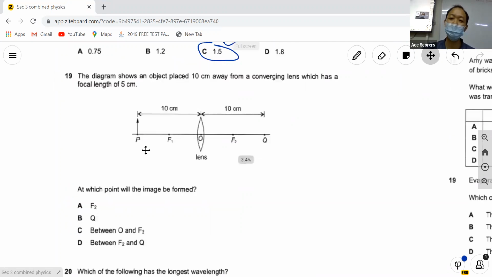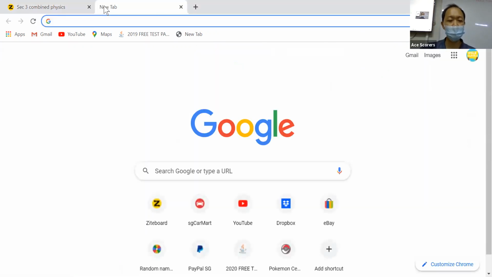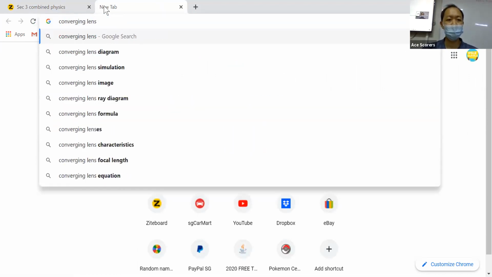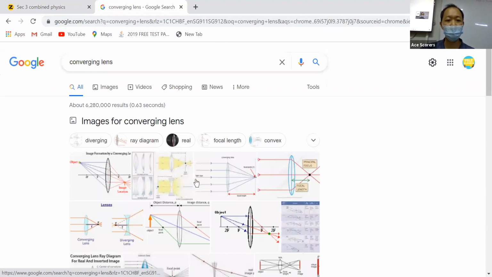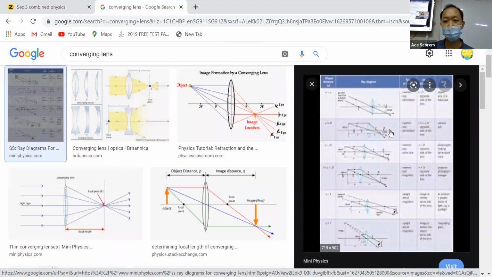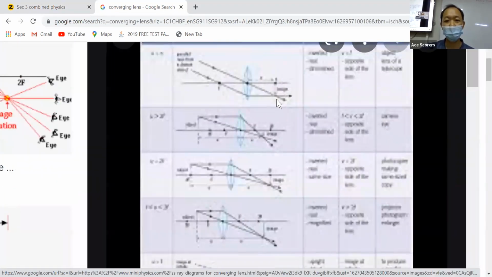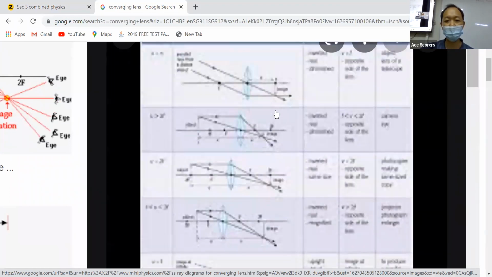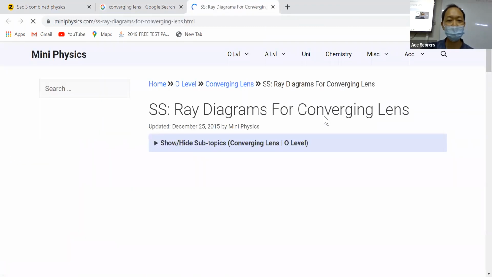It's like we give you the weapon, but you don't know how to use it. Like we give you the formula, but you forgot how to use it. Oh, die. Okay, this question, converging lens. I don't remember going through this with you all. Is this converging lens? Did I go through this lens diagram? Do you remember your school going through stuff like that?